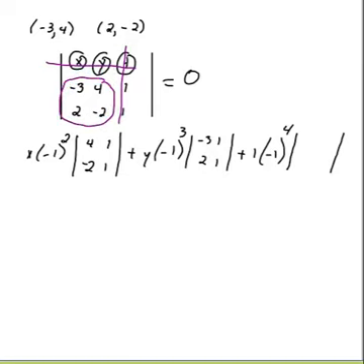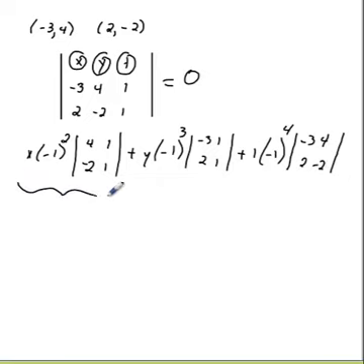I'll write those down: -3, 4, 2, and -2.